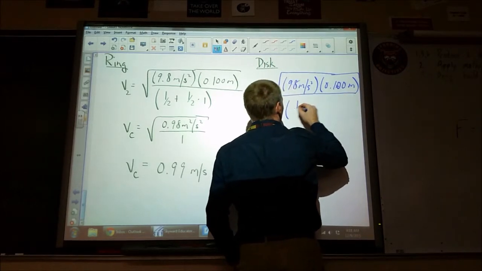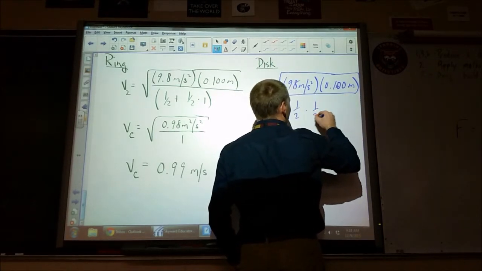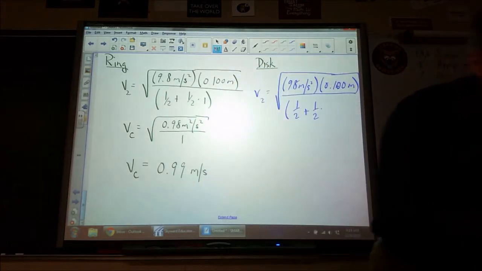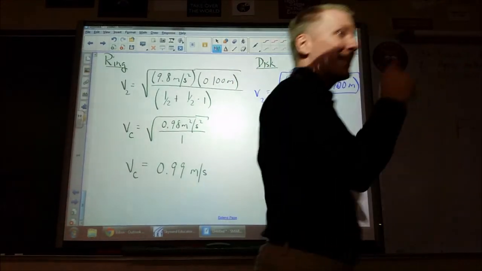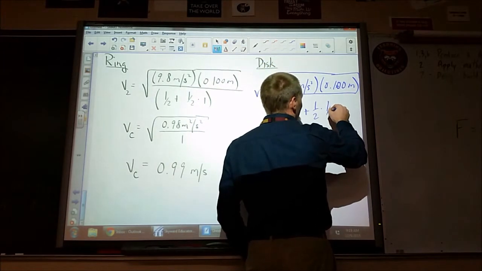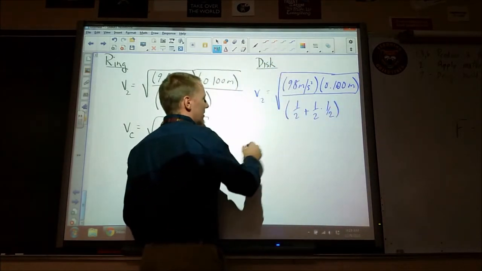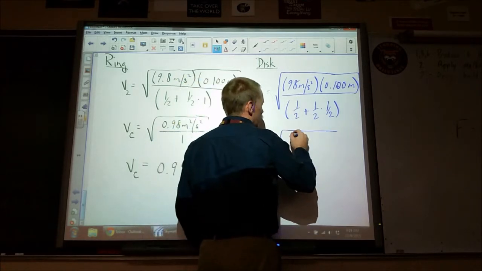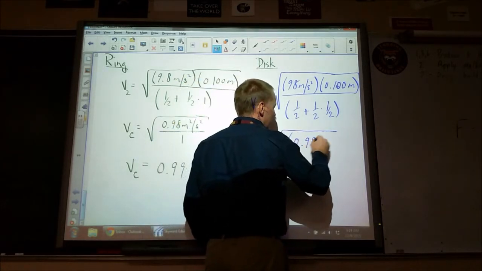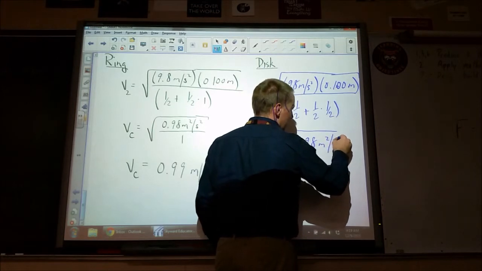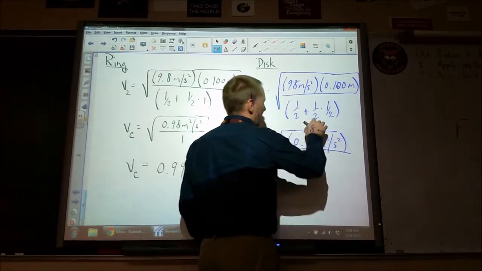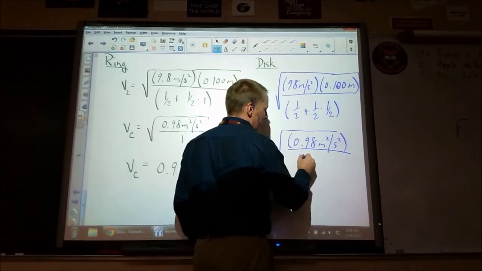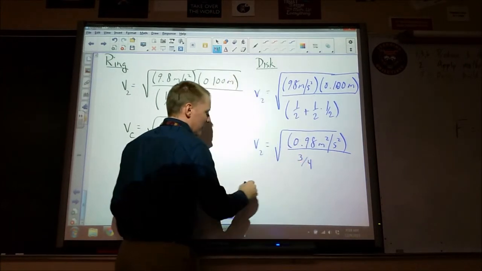But now we have 1/2 times 1/2 plus 1/2 times C, and for a disk, that C is also 1/2. So this V2 becomes 0.98 meters squared per second squared on top. That's a quarter. 1/2 times 1/2 is a quarter, plus 1/2 is 3/4.